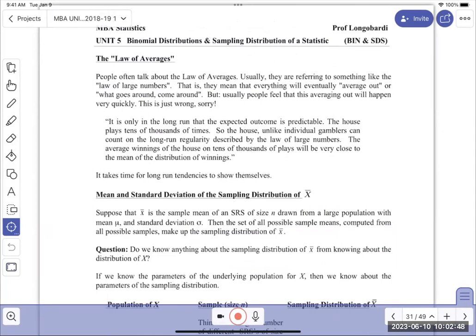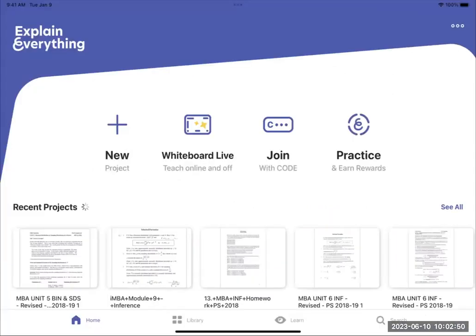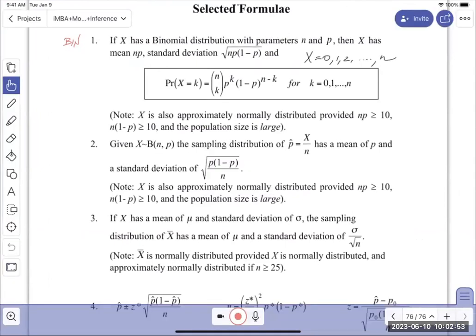So all I've talked about so far is summarized here, where this bracket here is really SDS for X. That X is approximately normal with a mean np and a standard deviation square root of np(1 minus p).